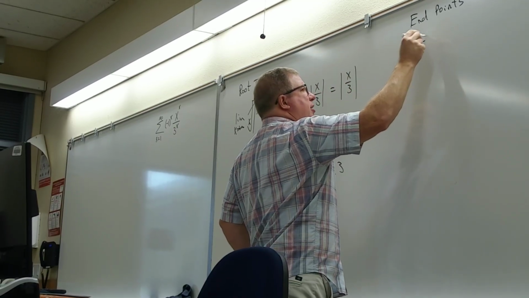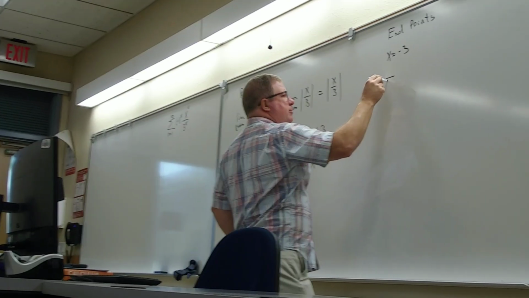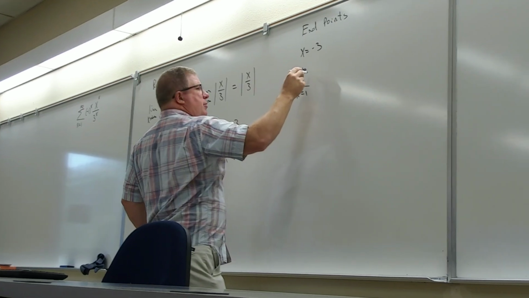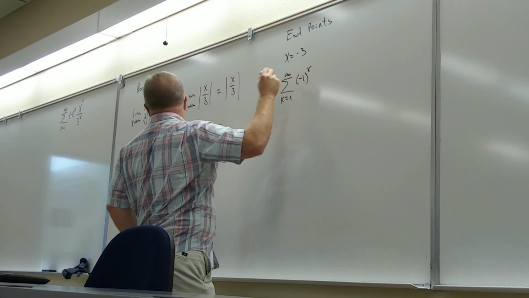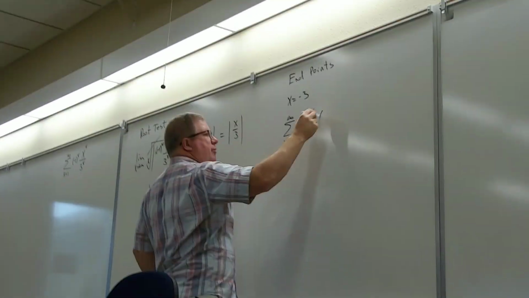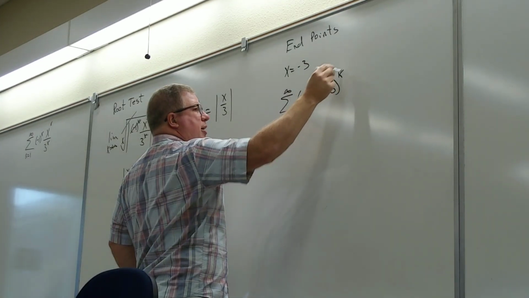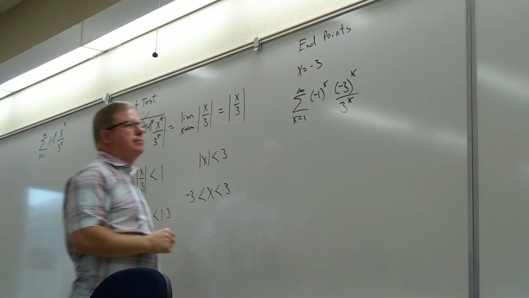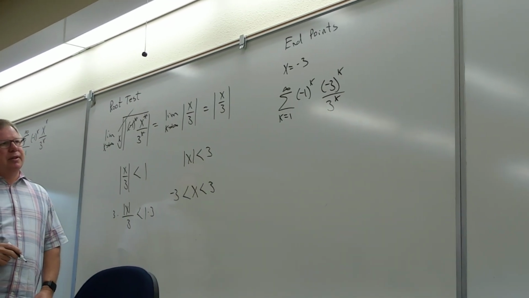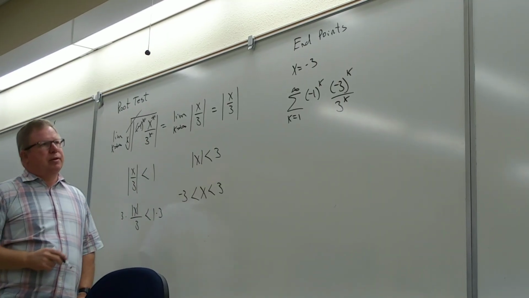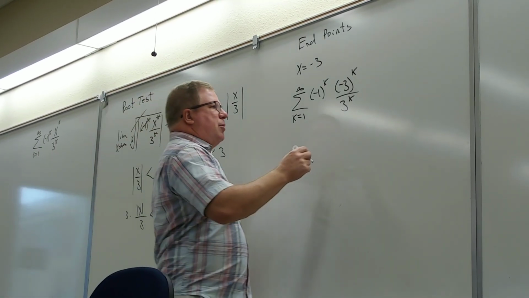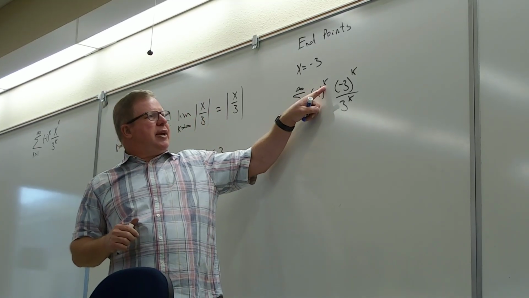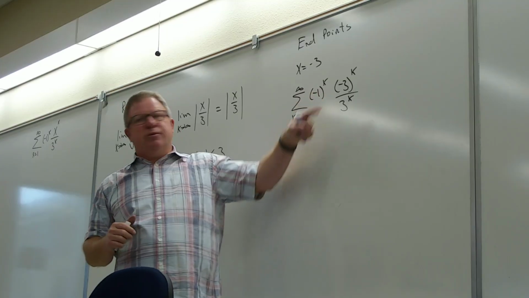We'll let x equal -3. That gives us the sum from k equals 1 to infinity of (-1)^k times (-3)^k over 3^k. So what do (-1)^k and this (-3)^k do to each other?